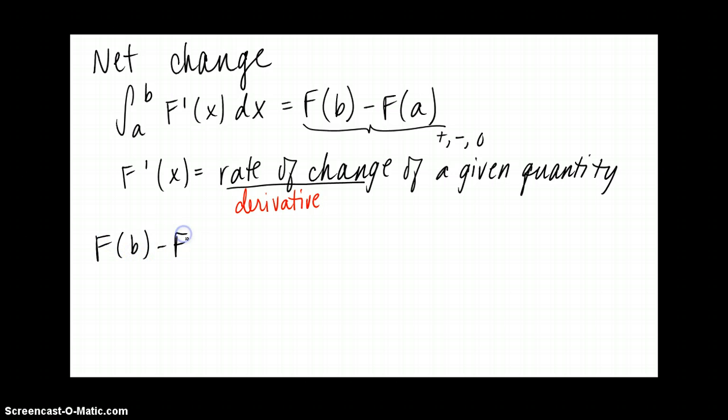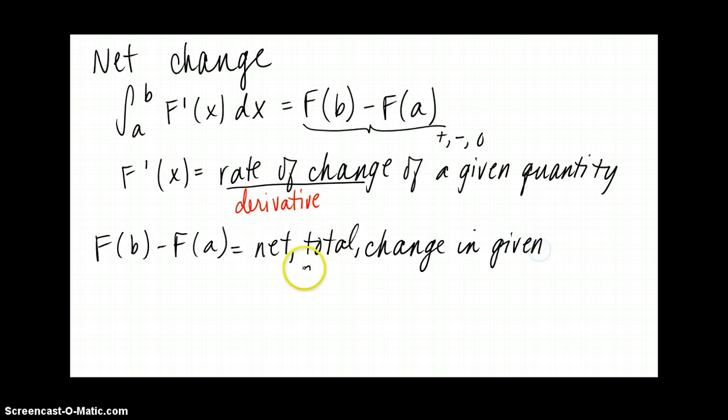Whatever this quantity is, positive, negative, or 0, represents the net or total change in some quantity, in a given quantity on the interval from a to b.